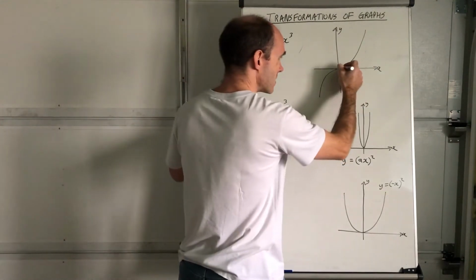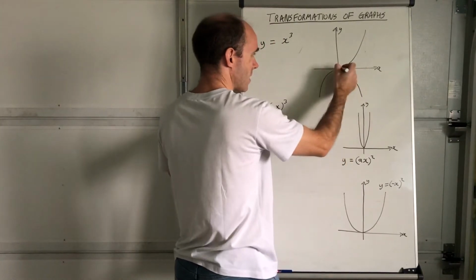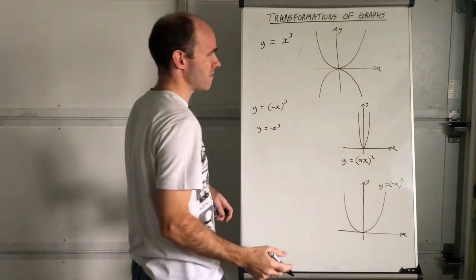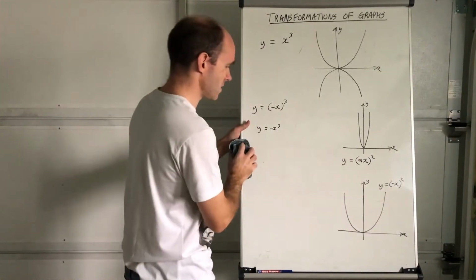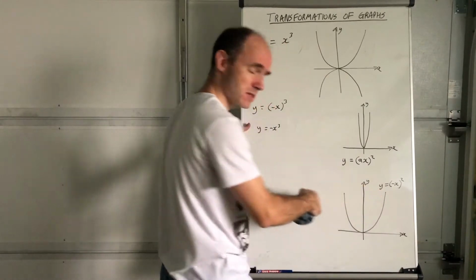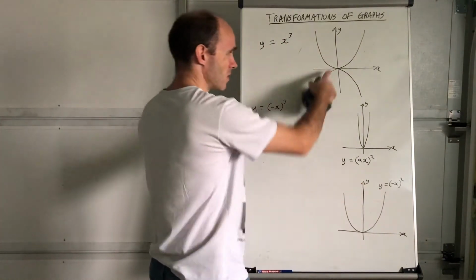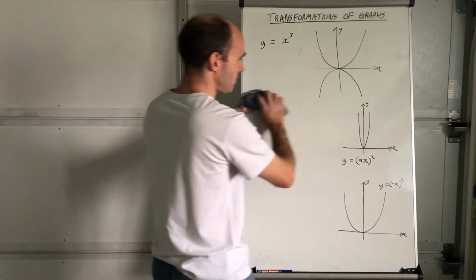So what that means is that graph is going to get reflected through there and through there, and that's effectively a reflection in the y-axis. Okay. So you just couldn't see it so much from that one because the parabola is symmetrical about the y-axis anyway. This one here, you can just see it a little bit more. Okay.